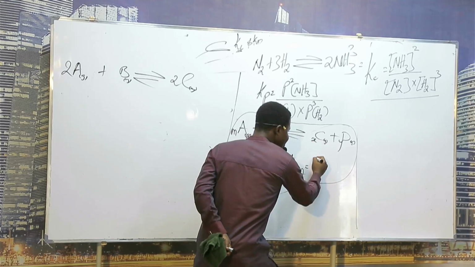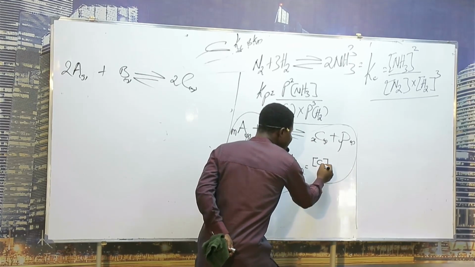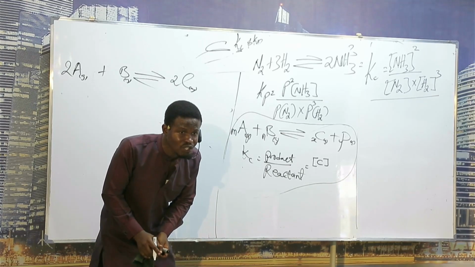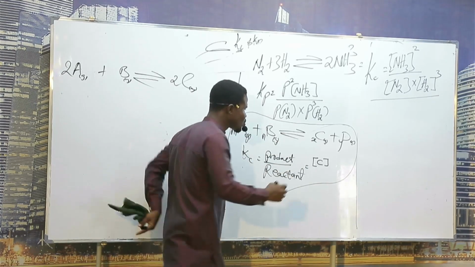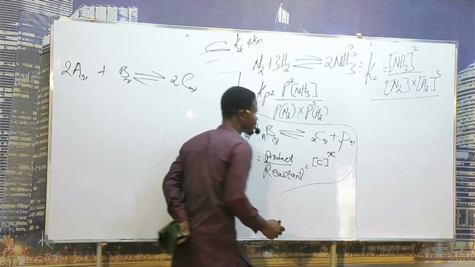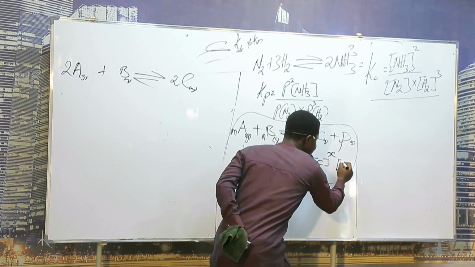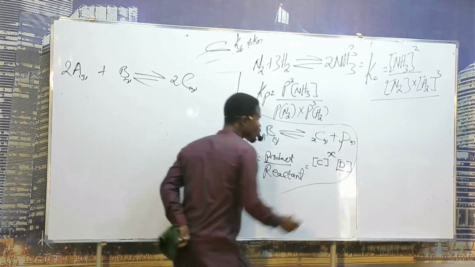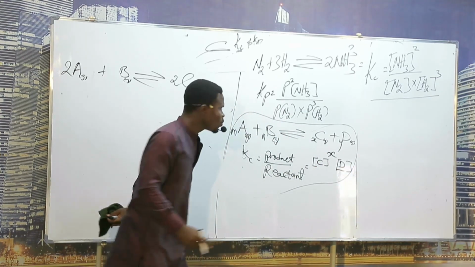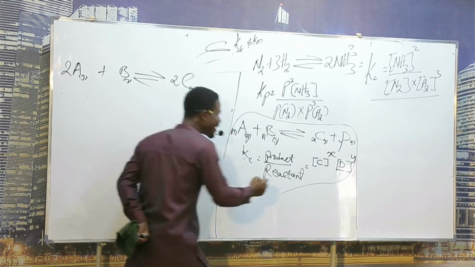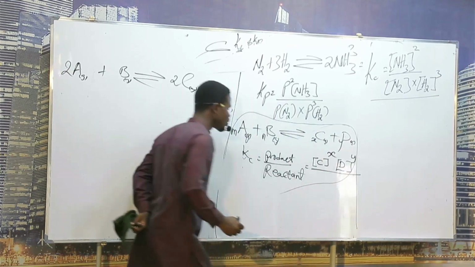So this C, you raise it to the stoichiometric ratio. What is the stoichiometric ratio there? X. You raise it to X. Then D. What is the stoichiometric ratio there? You raise it to Y. Over again, reactants.